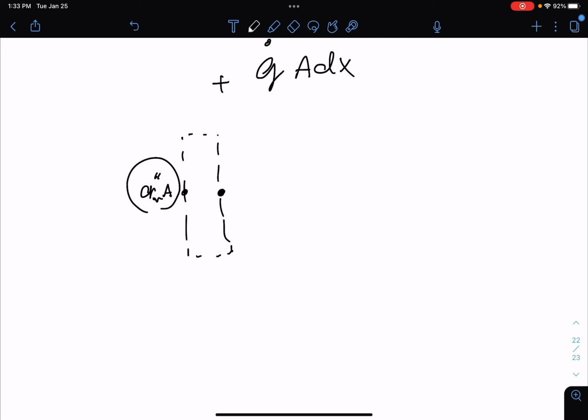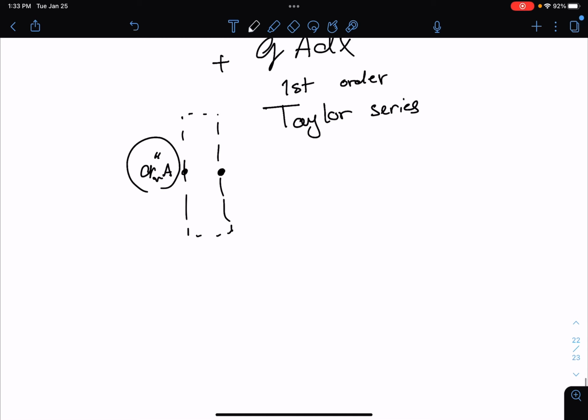I'm going to go with Mohammed's answer. I was looking for this first order Taylor series. So what did the first order Taylor series tell us?